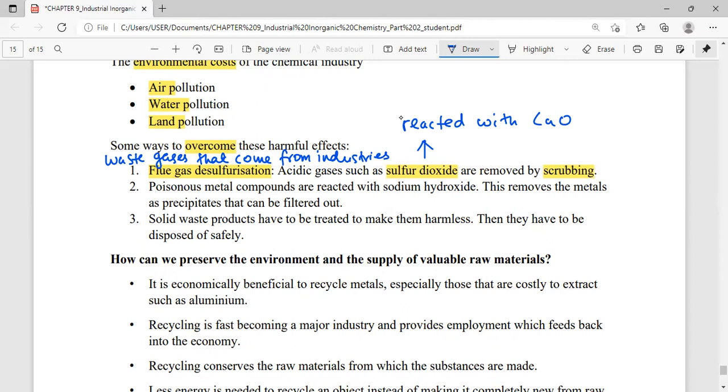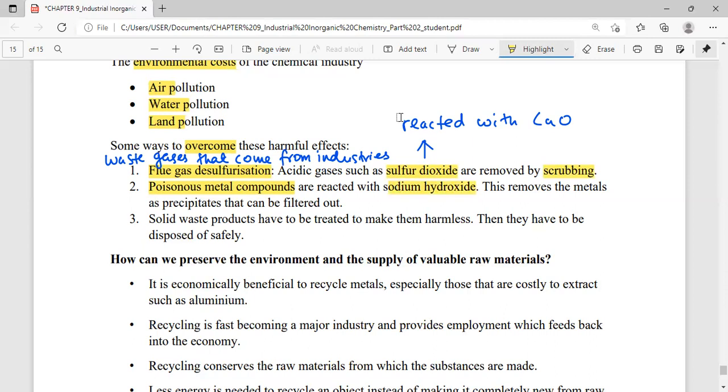Now let's see how water pollution can be avoided. Sometimes certain industries just release their metal compounds into the water, and this can badly affect people's health. So nowadays, these metal compounds have to be treated with sodium hydroxide.